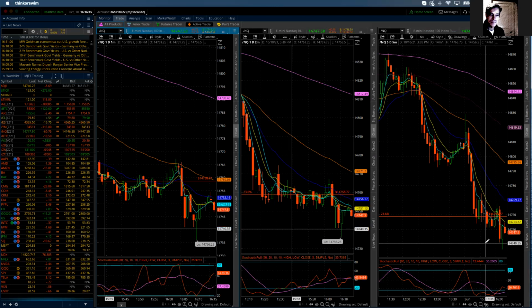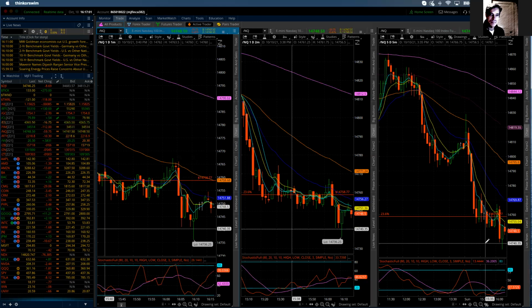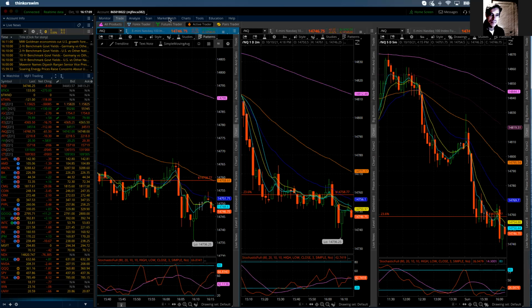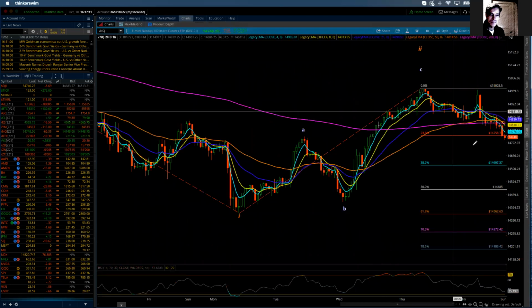So when volatility increases to the downside, the bounces are going to be just as highly volatile, and that'll be to the upside. They're not going to go as far, but they're going to be volatile, and they could be $1,000 to $2,000 moves on the NASDAQ on one contract. So beware.